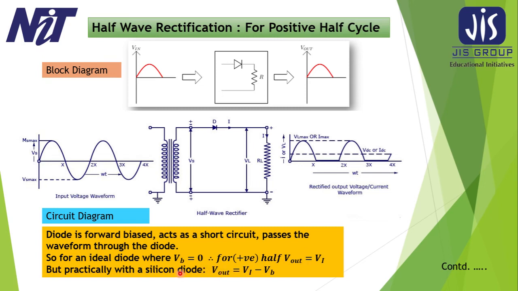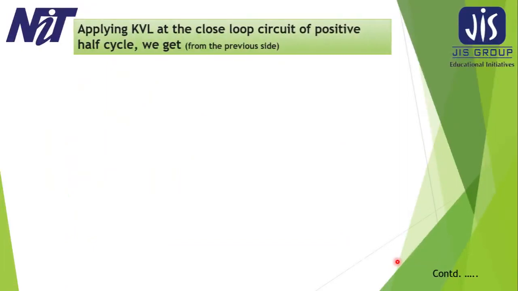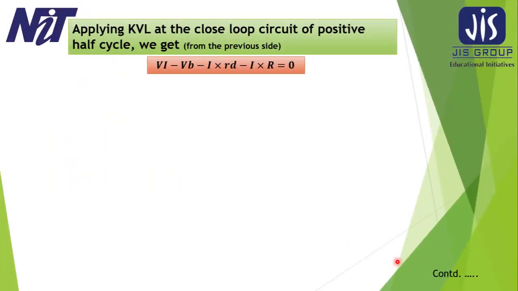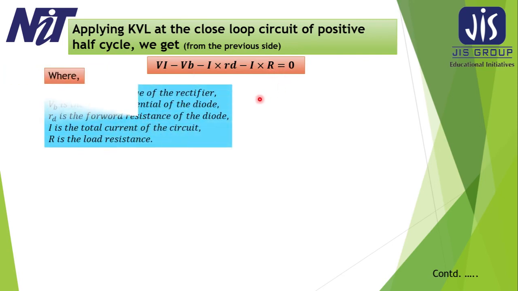So in a typical diode, practically, V out is equal to V input minus VB. If we apply KVL to the closed loop circuit of a positive half cycle, then we get V input minus VB minus I into RD minus I into R is equal to 0, where Vi is the input voltage of the rectifier.